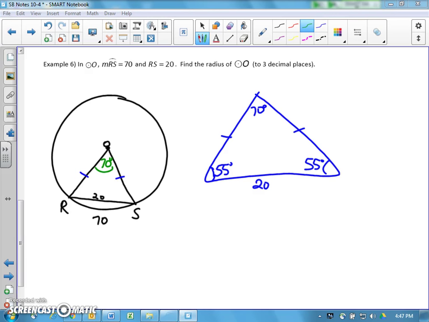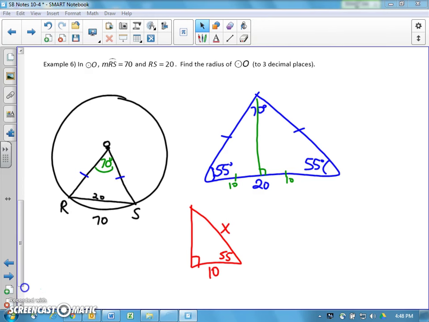Still, we need a little more information here. So let's drop a perpendicular straight down here, which means this is going to bisect this side, making each one of these 10. Now I have a right triangle that I can pull out with a 55-degree angle right here. This is the side we're looking for, and I know that this is 10. So using trig, this is my hypotenuse, this is my adjacent side, and this is the angle I'm looking at.